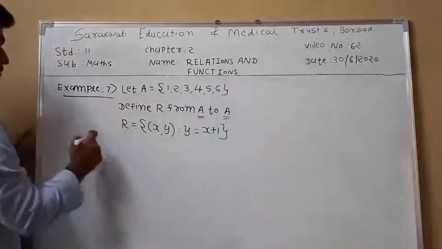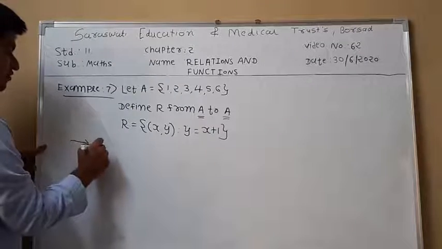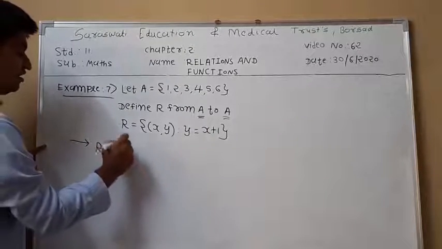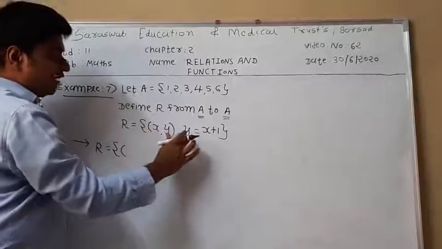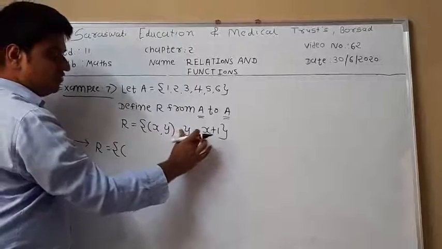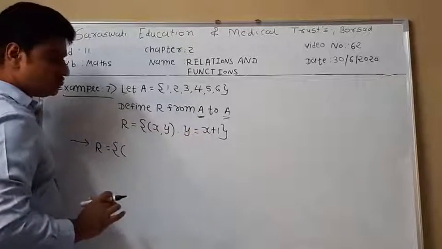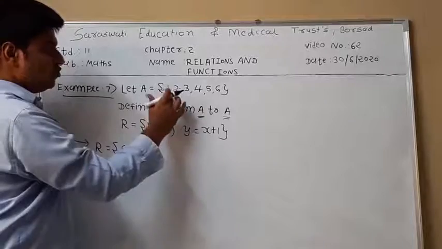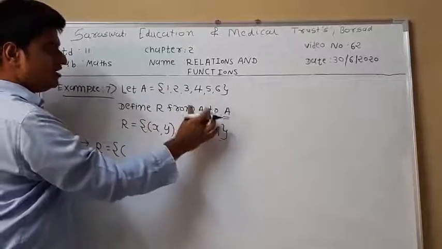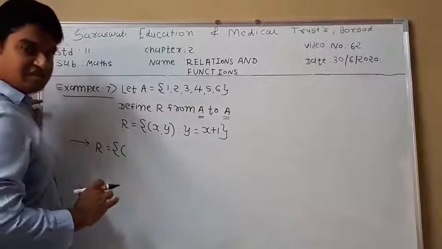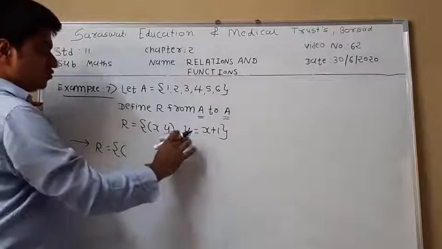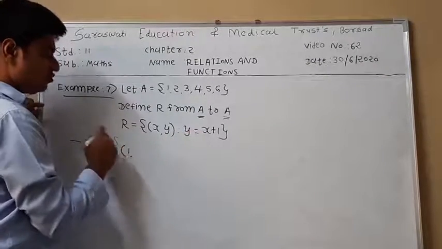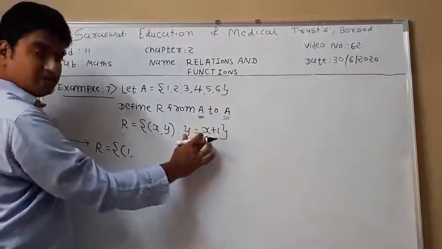So first of all, which ordered pairs can we write? Here the condition is y is equal to x plus 1. Now the domain is in set A, and the range is also in set A. So first, in place of x, consider 1.